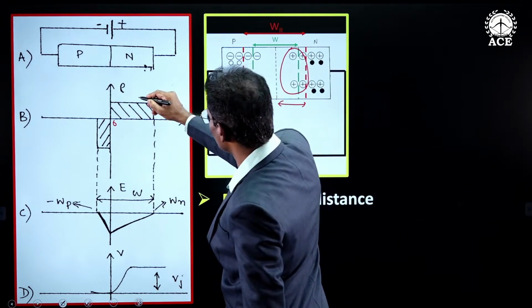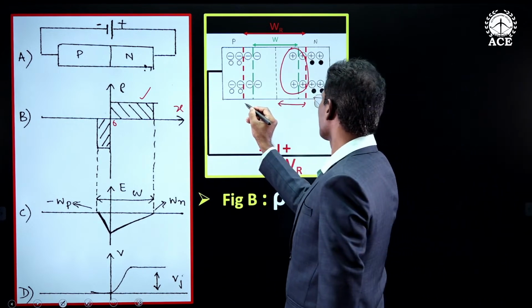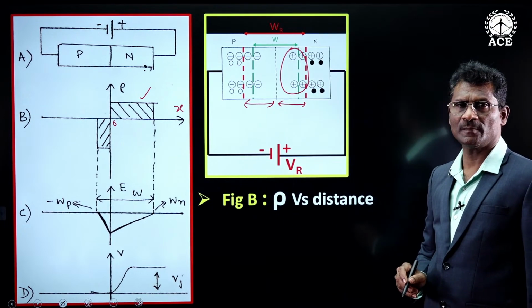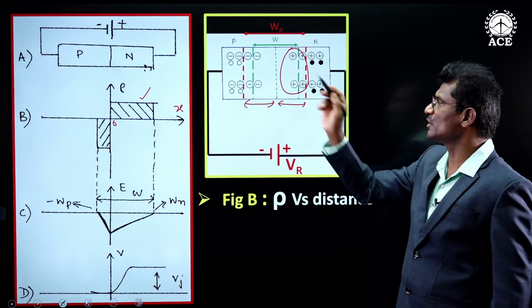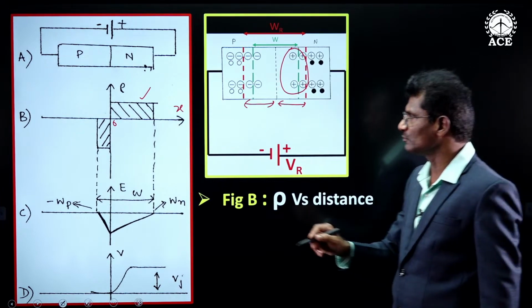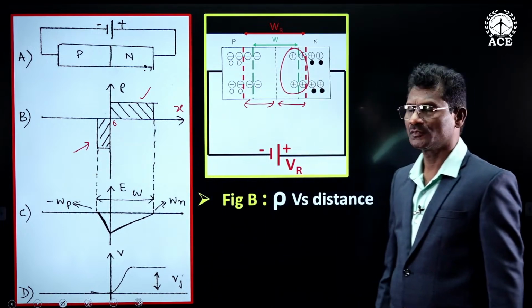It can be observed that it is above x-axis. In P side, inside depletion region, we have negatively charged acceptor ions. So charge density should be negative. It is shown below x-axis.